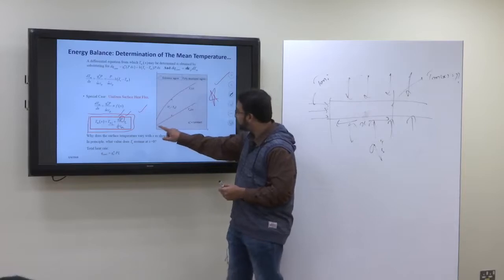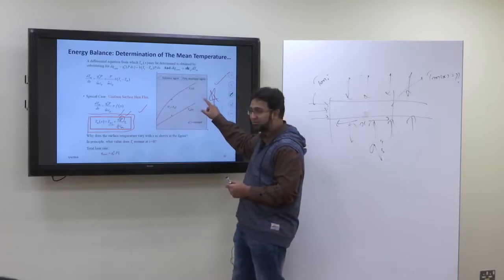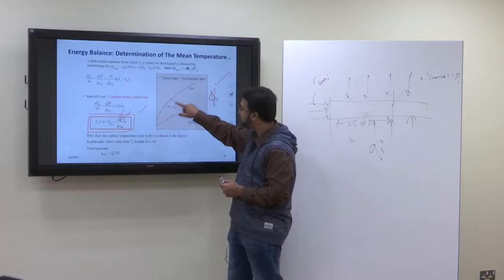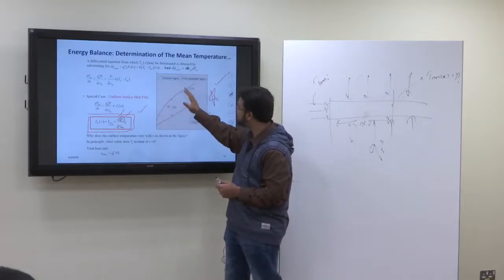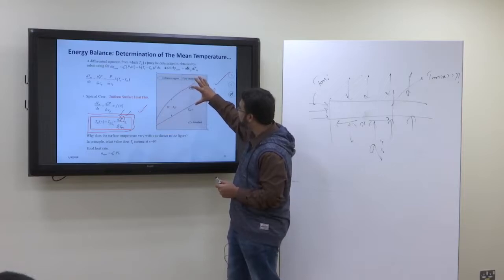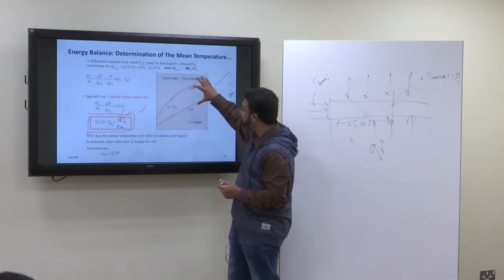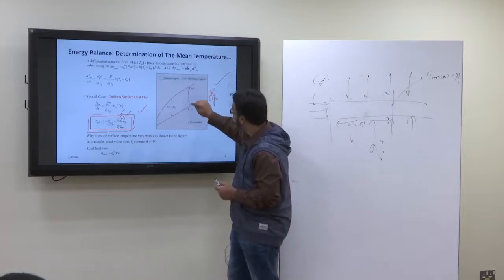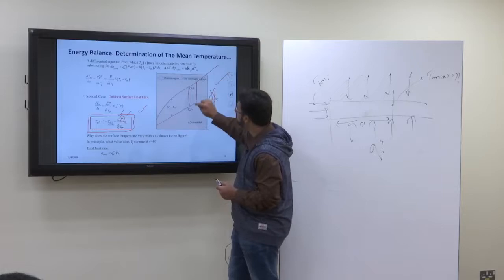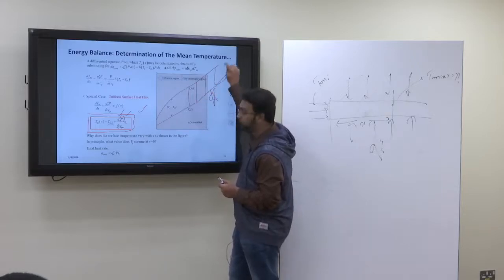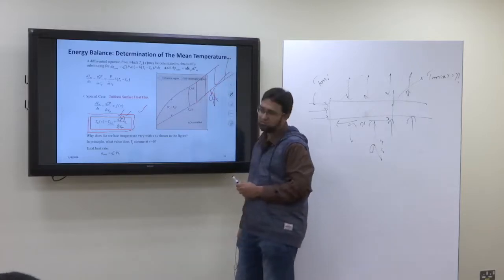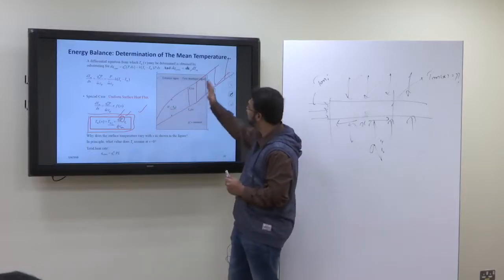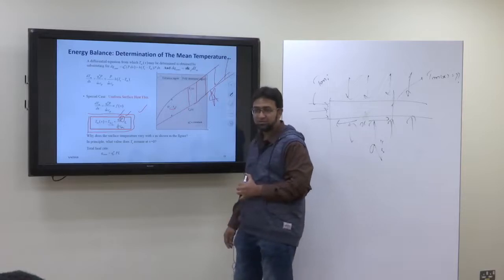So T mean will continue to increase in a linear pattern, and T surface will also continue to increase, but in the entrance region like this, and after it is fully developed, Ts minus T mean would become almost constant. Almost parallel lines.